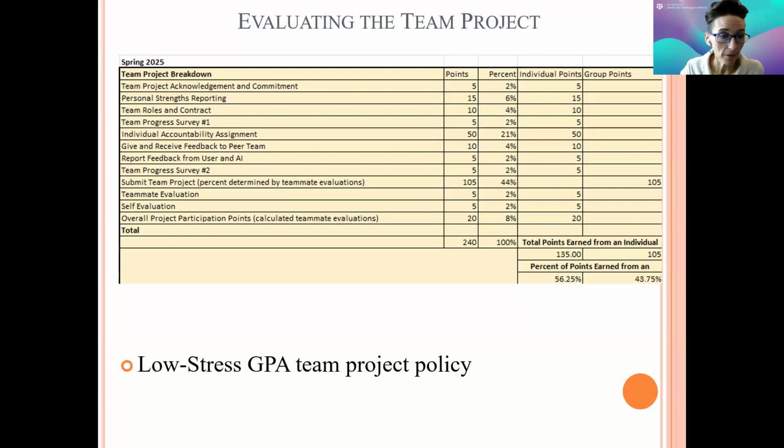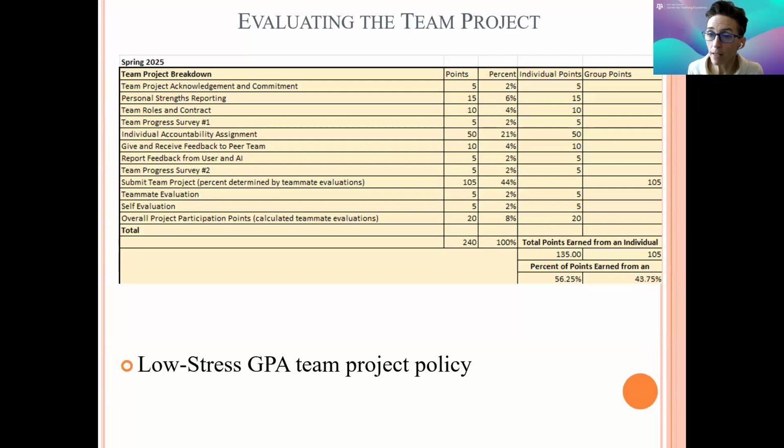Now, you also have a teammate evaluation over here where you evaluate your teammates, and that's done in a blind system where you have your teammates listed and you score them based off of how they participated in the team. How did they contribute? How did they show up? And only I see that feedback. So you are meant to score honestly.